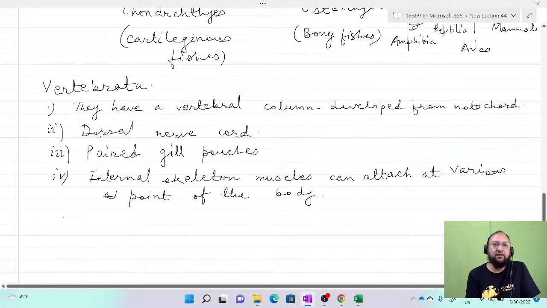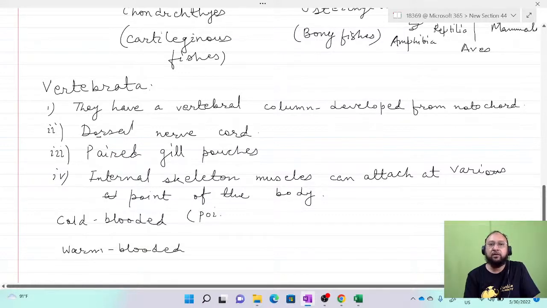Now another point you will note down is cold-blooded and warm-blooded. If you say cold-blooded, it means it is poikilotherm. Remember the term, poikilotherm. And in case of warm-blooded, it's called homoiotherm.